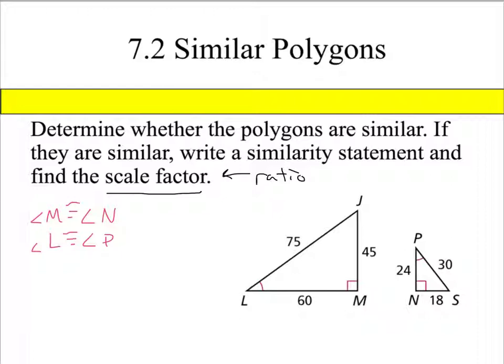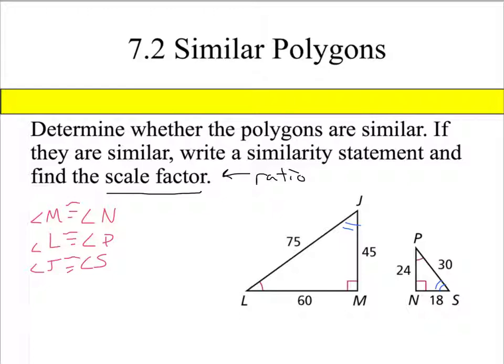Because they have those angle marks. The last one is going to be angle J is congruent to angle S, and that's because of the interior angles theorem of a triangle. If we know the two, we know what that third one is, and they have to be equal to each other. So J is going to be congruent to S.